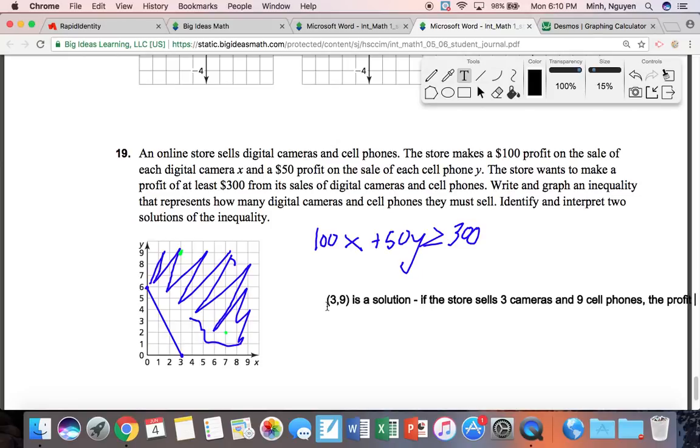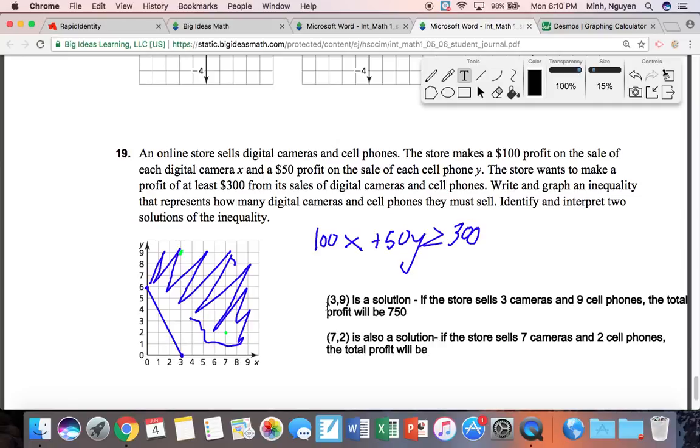The total profit will be 300 plus 450, 750. 7, 2 is also a solution if the store sells 7 cameras and 2 cell phones. The total profit will be 700 plus 100 is 800.